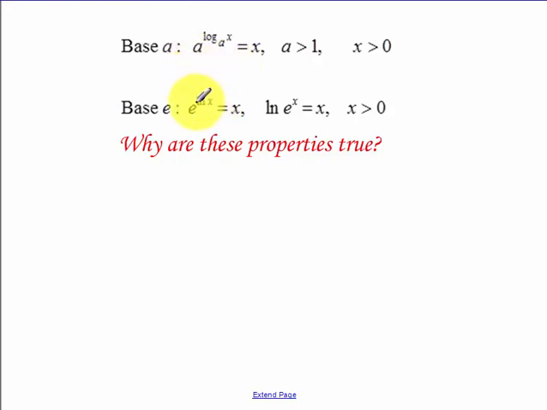And what students don't realize, or what I think pre-calculus teachers might do a bad job of explaining, is why are these properties true?